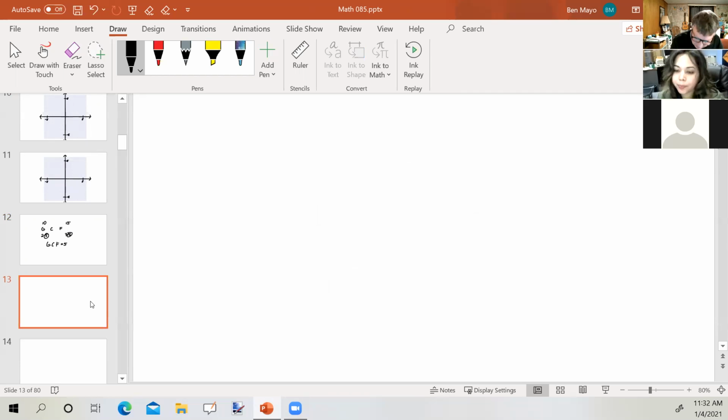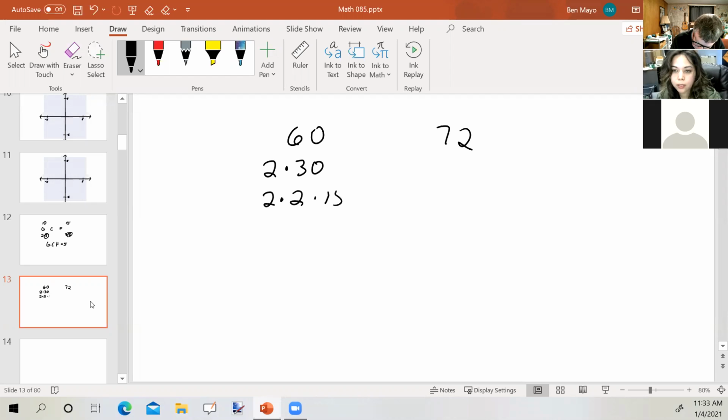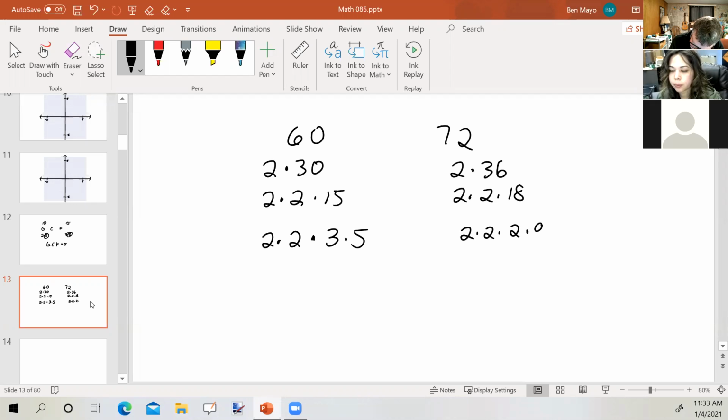Okay, super. Let's say we've got the two numbers 60 and 72, and we're looking for the greatest common factor. Well, if we break 60 down into its prime factorization, this would be 2 times 30, or 2 times 2 times 15, or 2 times 2 times 3 times 5. 72 would be 2 times 36, 2 times 2 times 18, 2 times 2 times 2 times 9, 2 times 2 times 2 times 3 times 3.